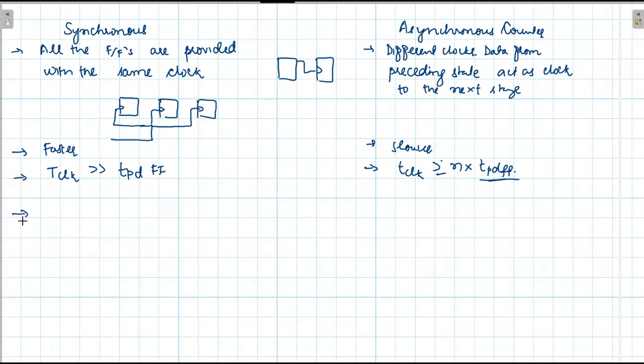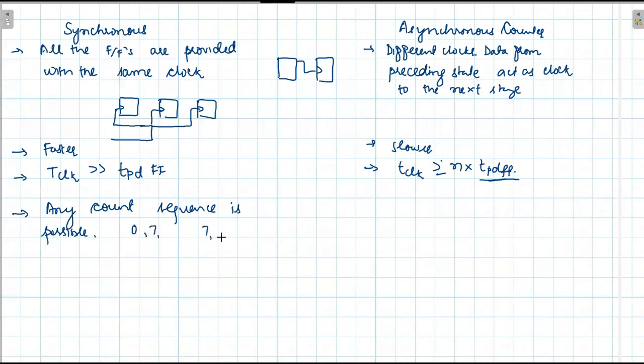Another difference is that in a synchronous counter any count sequence is possible. It does not mean that you are having 3 bits and you can count 4 bits. No, in 3 bits any count you will have, suppose 0 to 7.